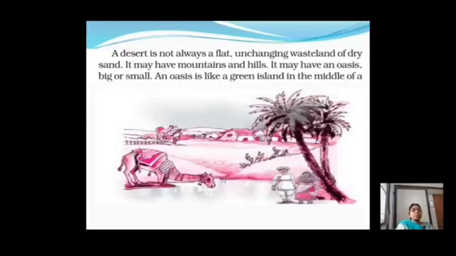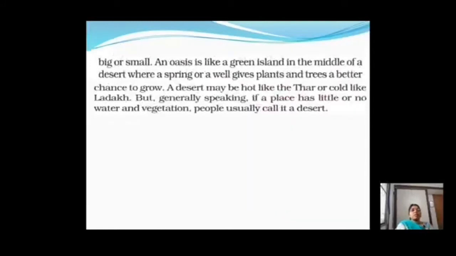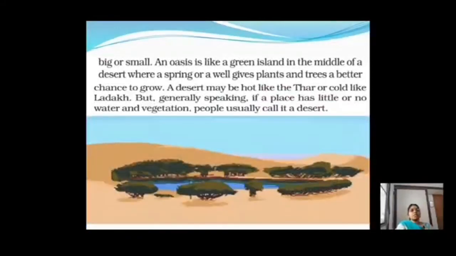So this is the picture which is given in your book. Okay. Now we will see, an oasis is a green island in the middle of the desert. I'll show you the picture. This is the oasis, where a spring or a well gives plants and trees a better chance to grow. So a small pond-like structure.